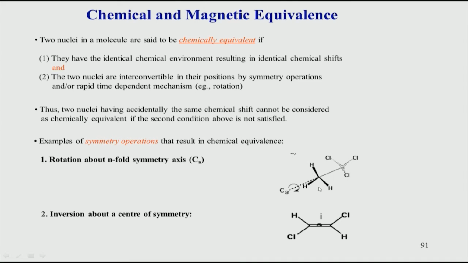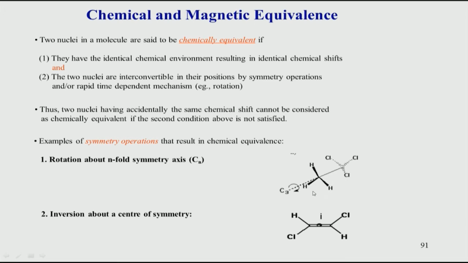So, by simple rotation I am able to interconvert these three hydrogens. Not only that, they are in the same chemical environment because they are all equidistant. When they rotate they have roughly the same average positions with respect to these three chlorine atoms. Because of that, these three hydrogen atoms are chemically equivalent, meaning they have the same chemical shift, the same chemical environment, and they are interconvertible with respect to each other.